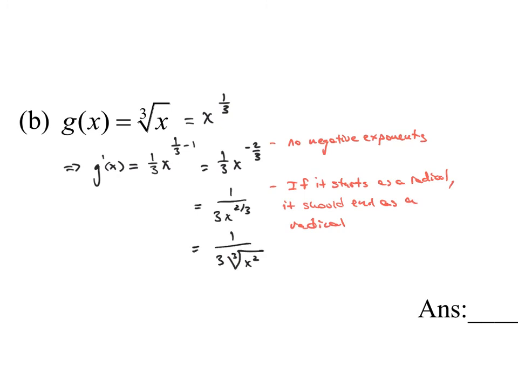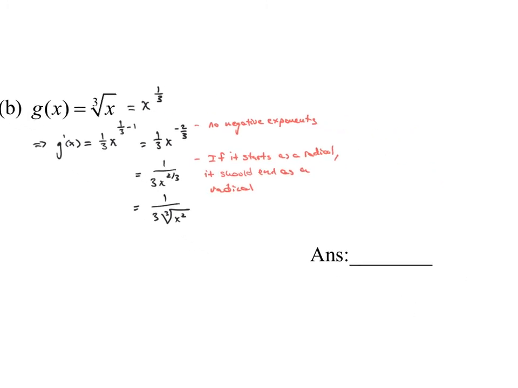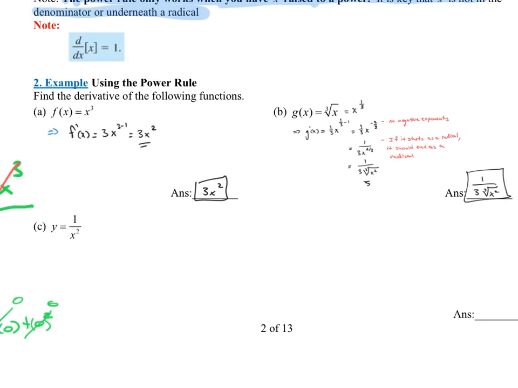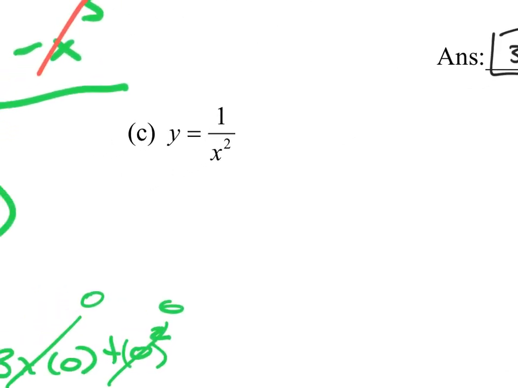The numerator stays the power. So the derivative of x to the 1/3 is 1/3 times the cube root of x squared. Notice this was significantly easier using the power rule than the definition of a derivative. No limit process anymore.